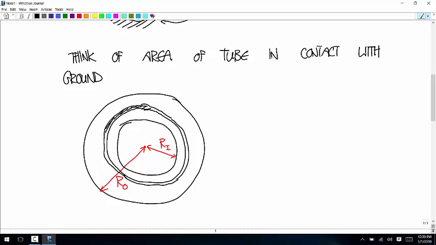Okay, so this ring has an infinitesimal thickness.